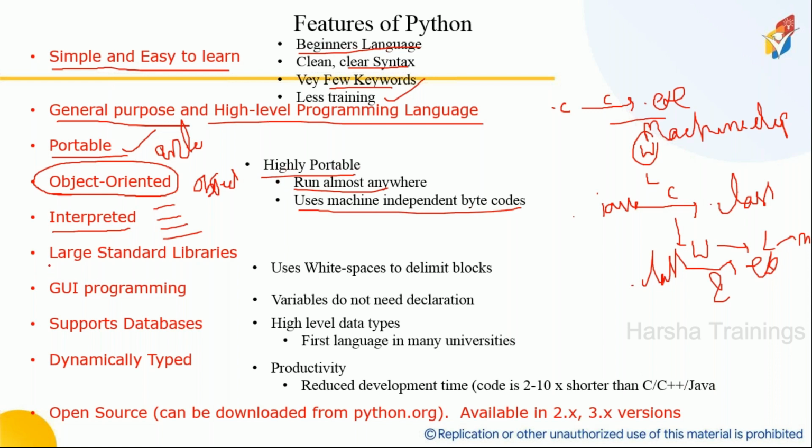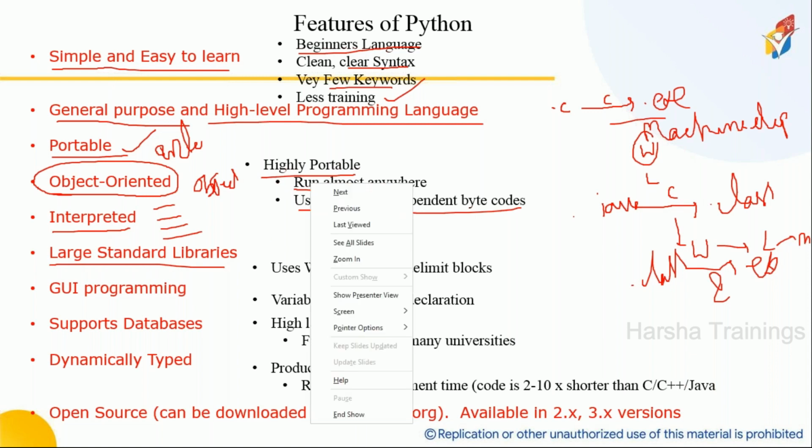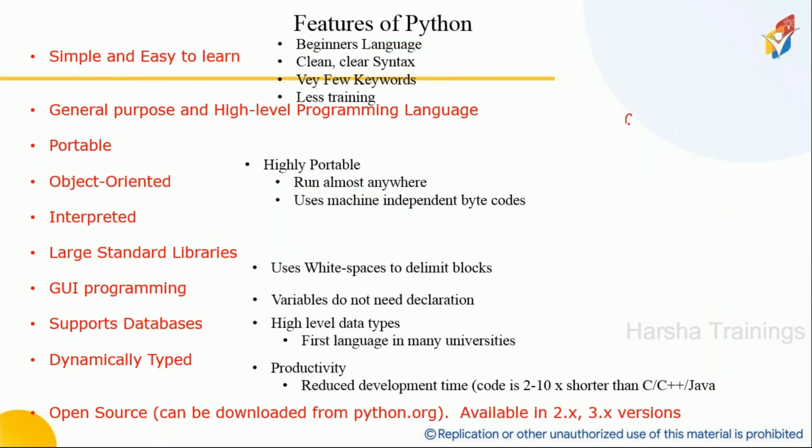Now, Python has large standard libraries. For this, I need to discuss one point. Most software is either free or proprietary. Proprietary means Microsoft Windows, MS Office, those things.